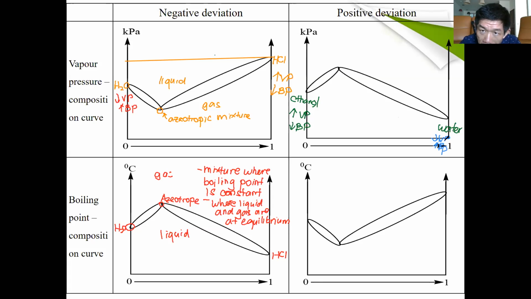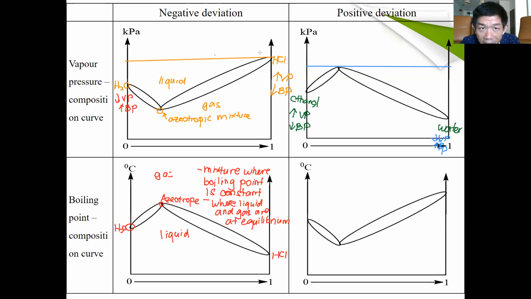Now, if you still remember, same technique. What technique do we use to convert the vapor pressure composition curve to the boiling point composition curve? Just imagine you are reflecting this curve.